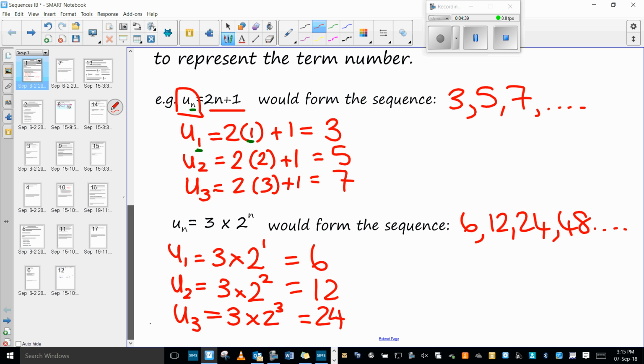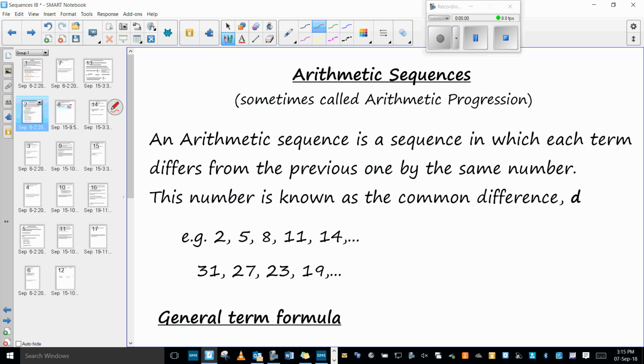Do we know what that kind of sequence is called? Geometric. Yes, nice. So this one here is secretly linear, but we would also call it an arithmetic sequence. And this one here is a geometric sequence.